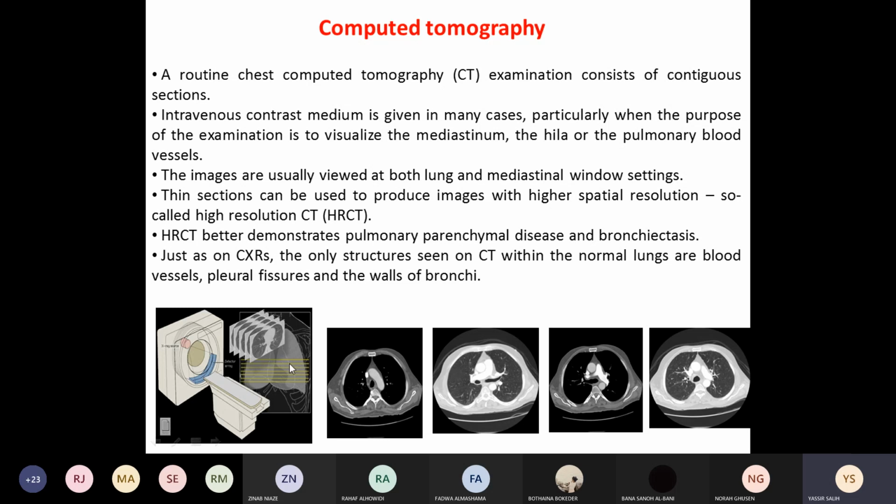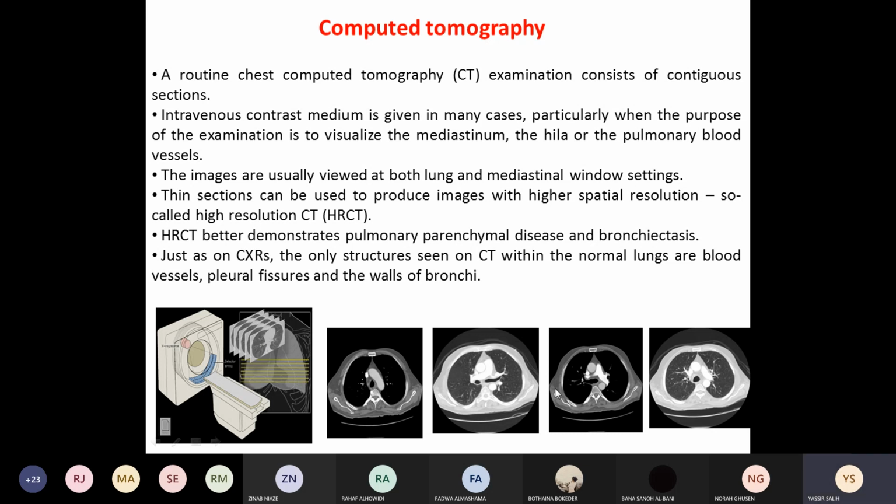We take sections like this, so a CT scan consists of contiguous sections. We take a section, then another section, meaning slices. Then we look at these different slices.